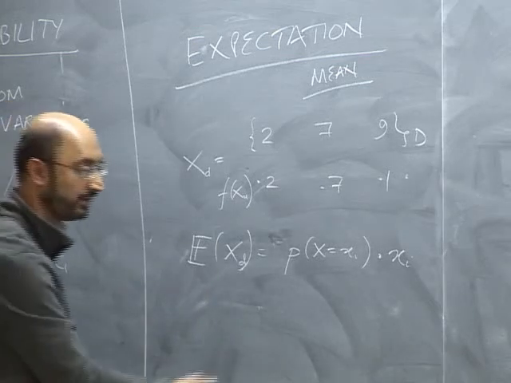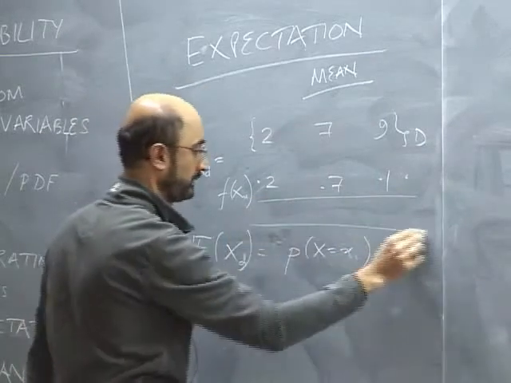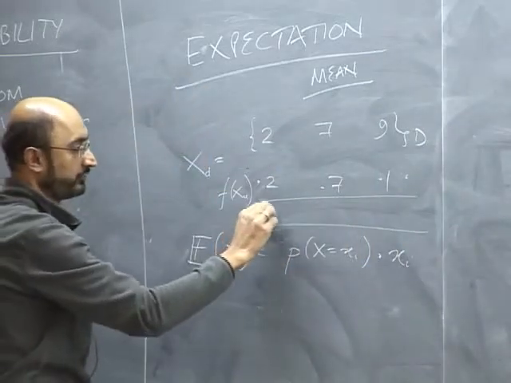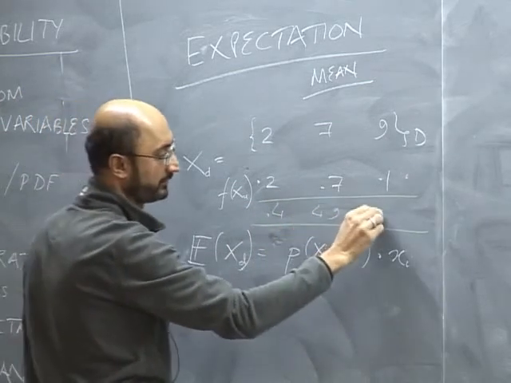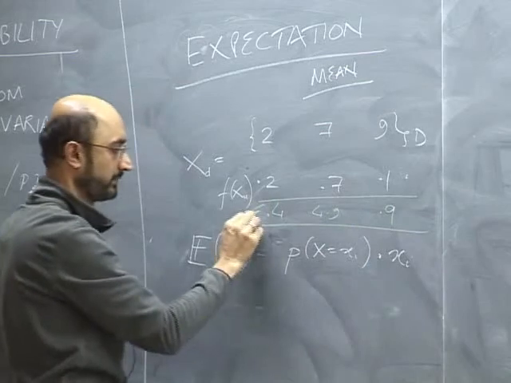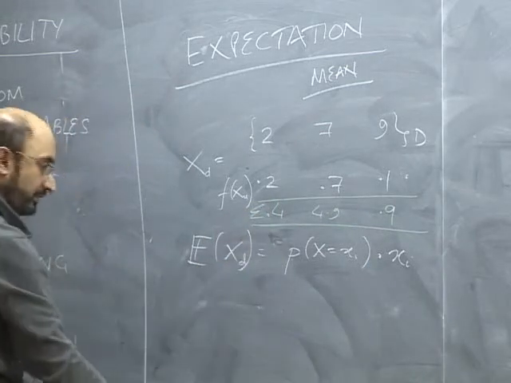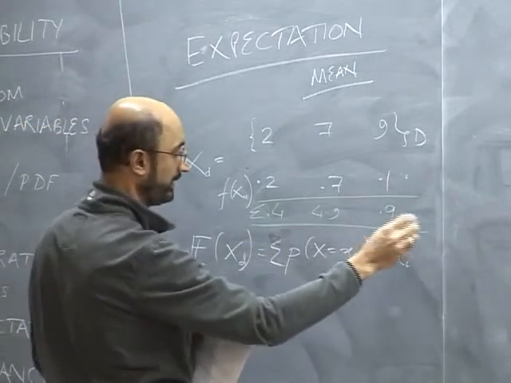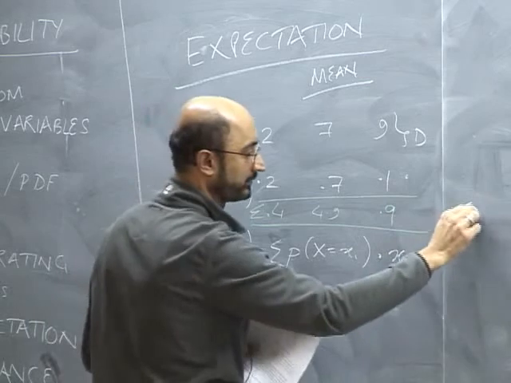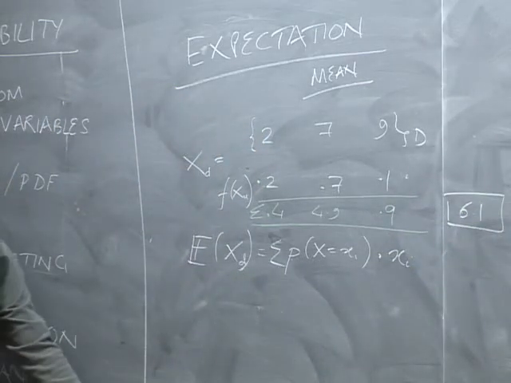In this case, we would just multiply this out like so. 2 times 0.2 is 0.4, 7 times 0.7 is 4.9, and this is 0.9, and we sum it up. There's a summation that's missing over here. It's going to be 4.9, so 5.8, so 6.1. So we say the expected value is 6.1.